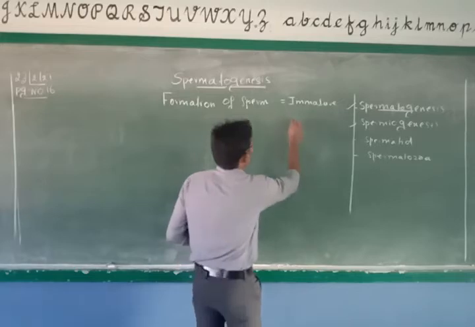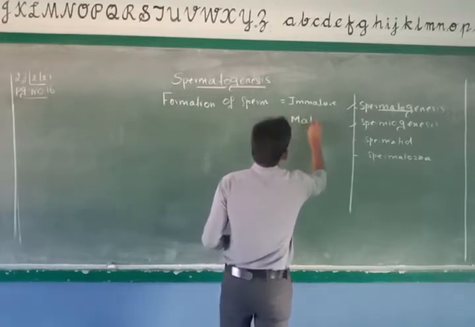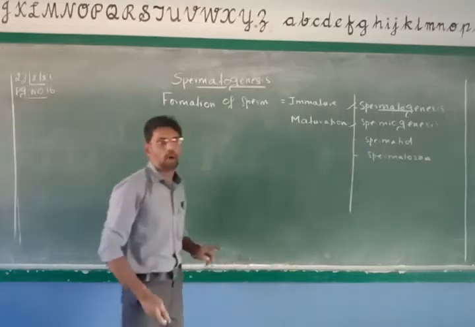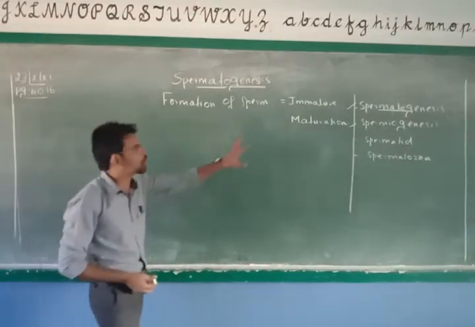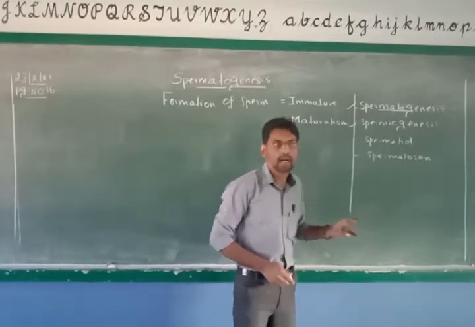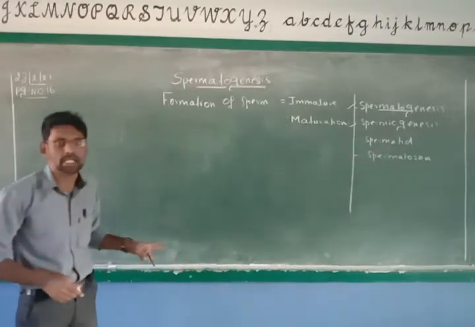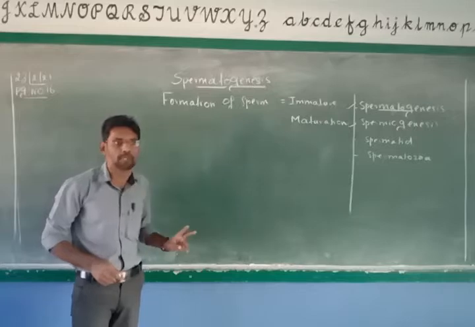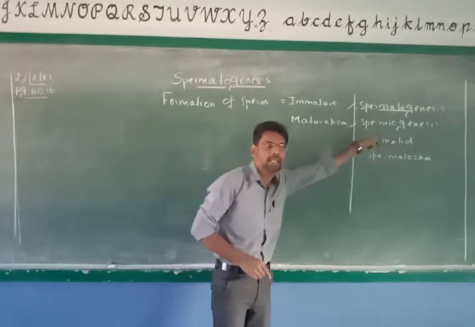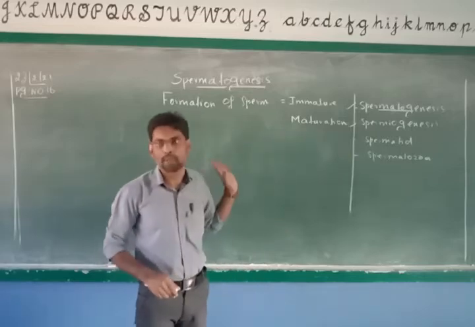Understand what is spermatogenesis? Immature sperm cells are produced. So the formation of sperm cells takes place in two processes. One is spermatogenesis and then it becomes spermiogenesis.